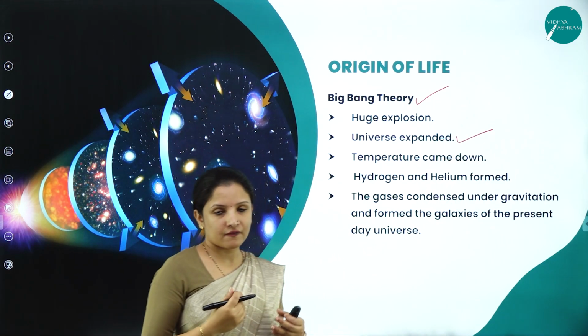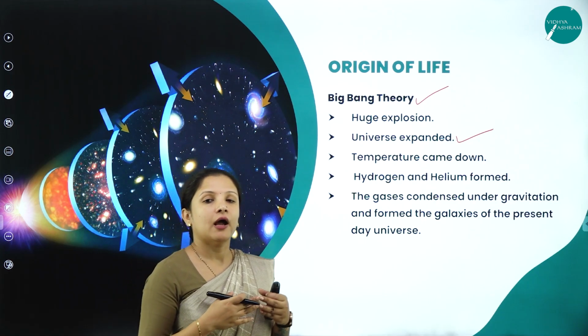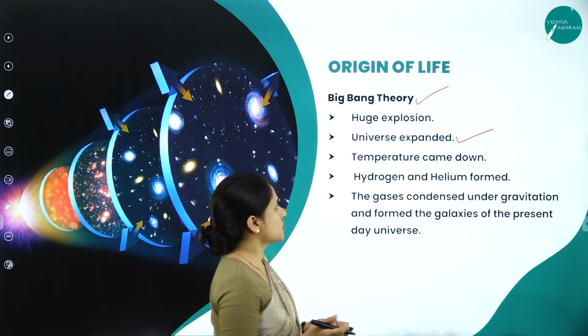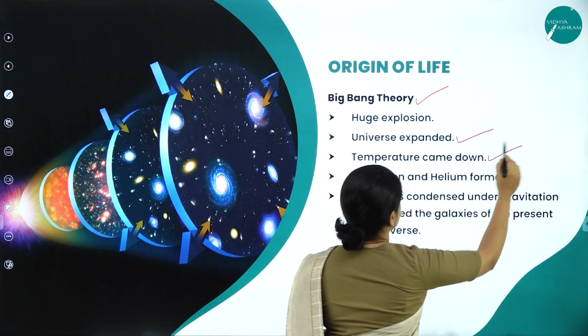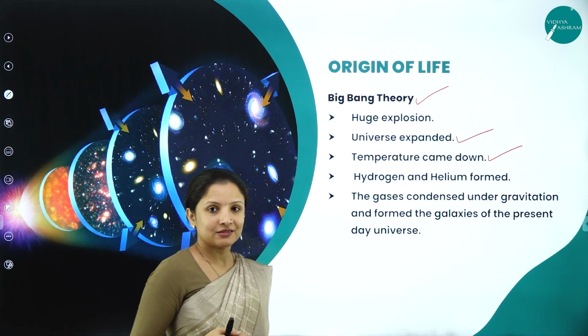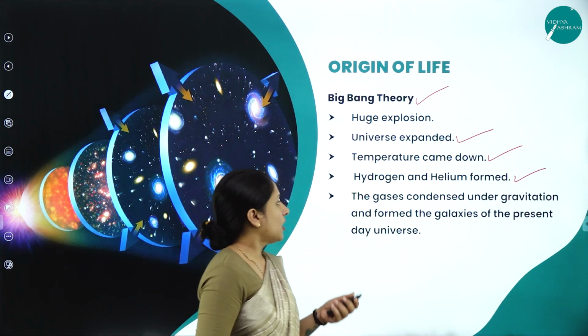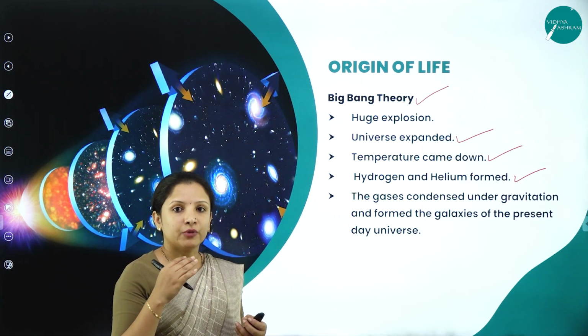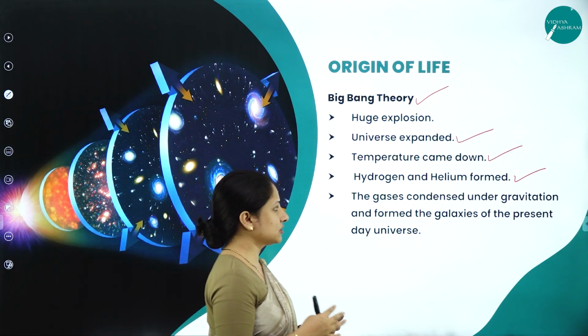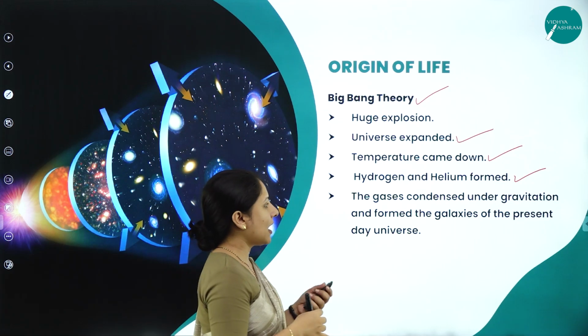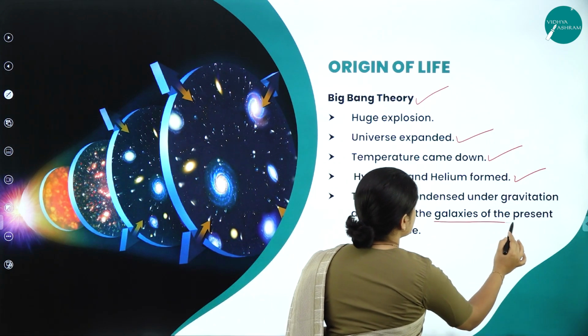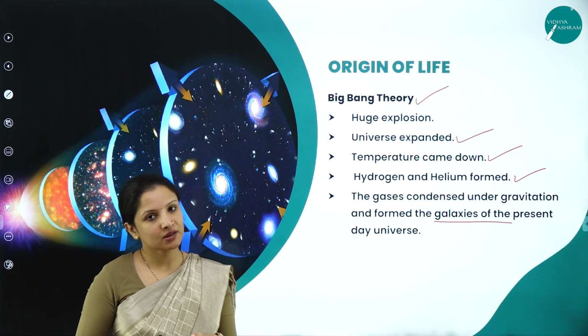When the universe started to expand because of this explosion, the temperature also came down. Gases such as hydrogen and helium got formed and, because of gravitational force, the gases condensed and formed the galaxies which are present in the universe in the present day.